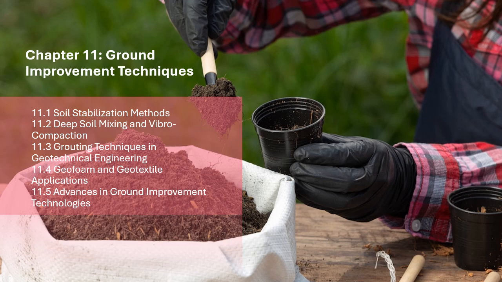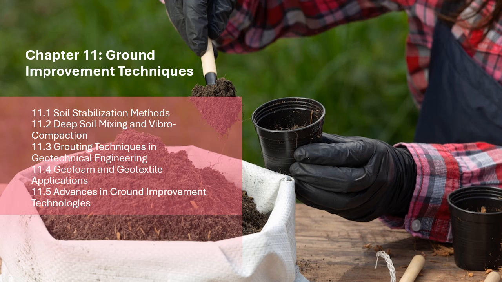These tools mix the soil with the binder, cement or lime, to create a solidified column or block of improved soil. The binder is typically injected in slurry form during the mixing process to ensure uniform distribution.